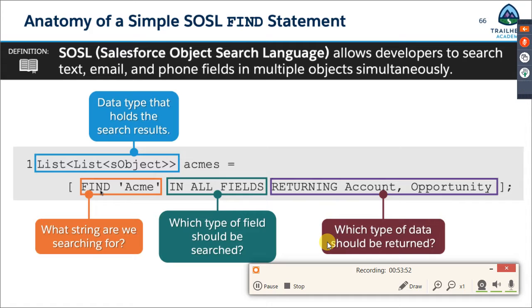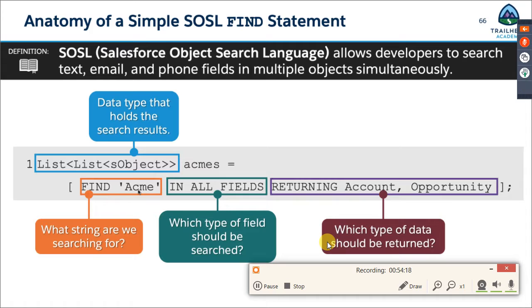But you have other mechanisms, which are the DMLs, which we'll talk about a little bit later today. So going with SOSL, you only have the find keyword. You're going to look for something called ACME. So any record that in any field has the word ACME will be found.